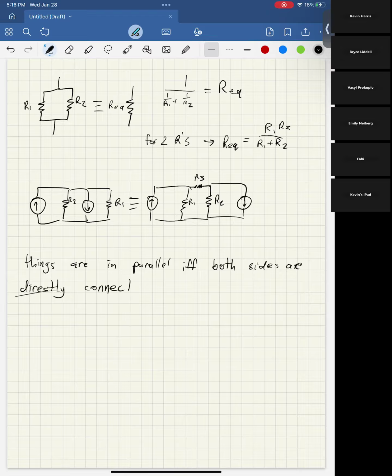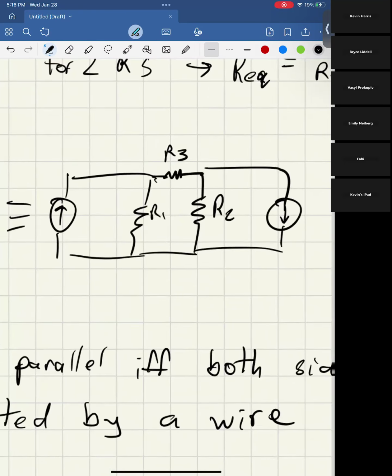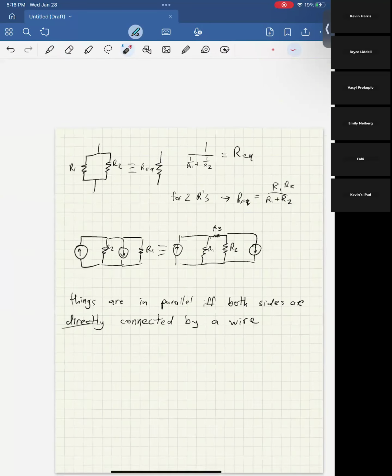Got to be very direct. So in this example circuit I've made, these two components are in parallel. These two components are in parallel. But because there is a resistor here blocking this connection, these are not in parallel.